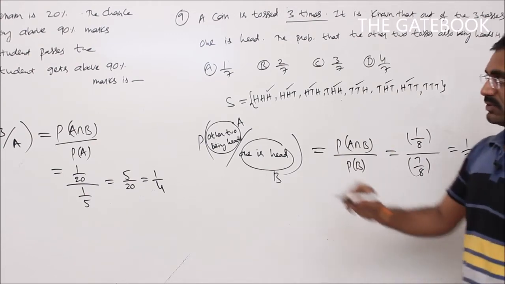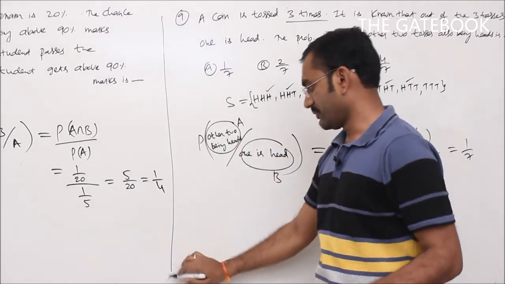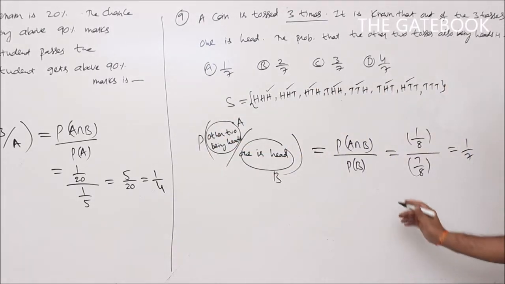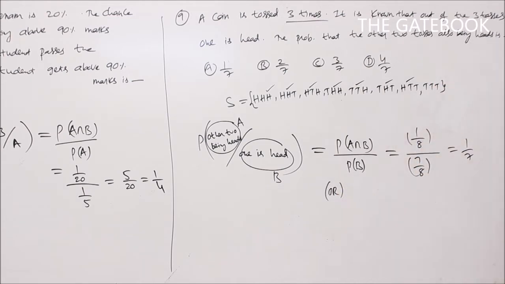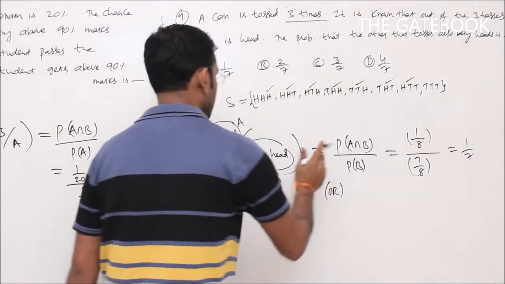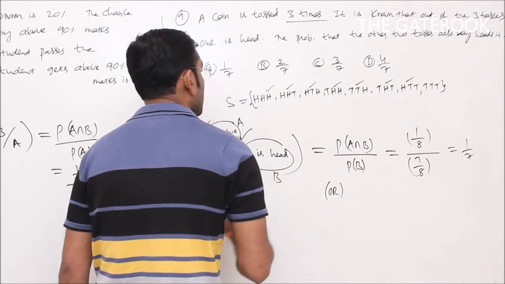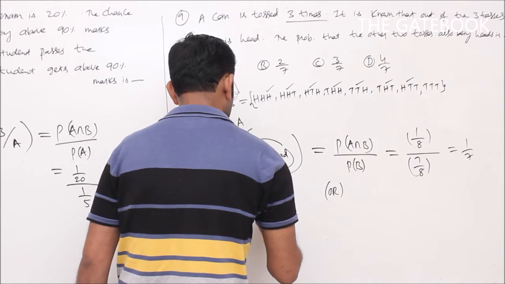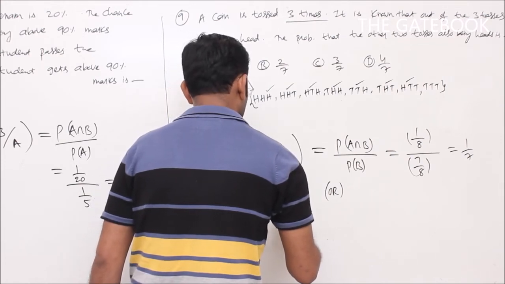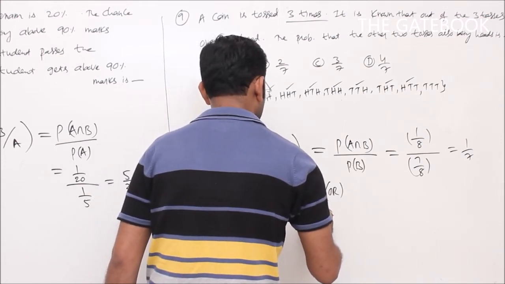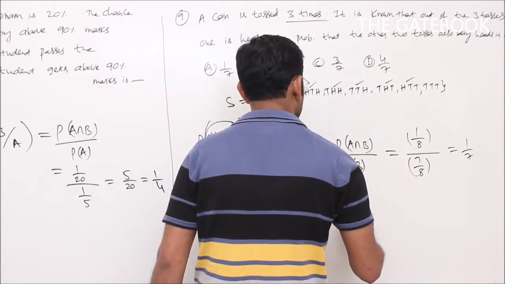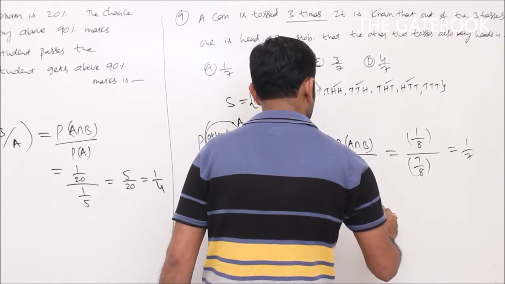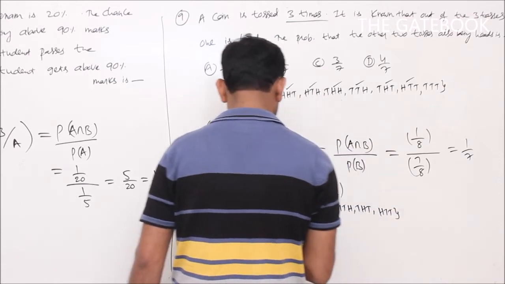And now we can do the same problem without applying the conditional probability definition. As method 2, we can do it like this also. First I will define one sample space for one is head: HHH, HHT, HTH, THH, TTH, THT, HTT.